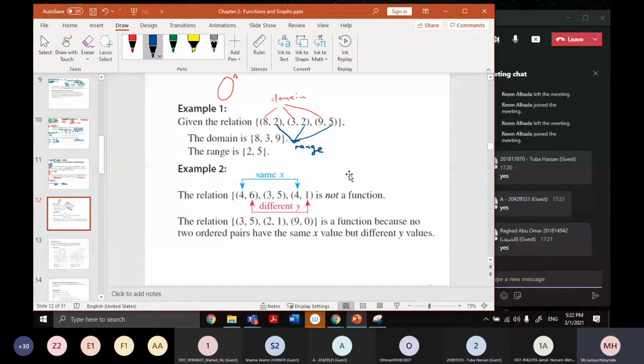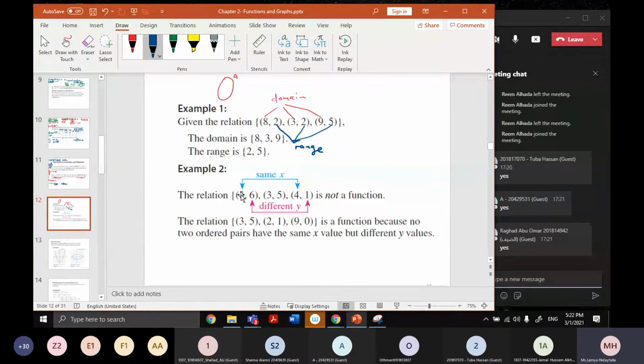Okay, clear? Now the second example: 4 and 6, 3 and 5, 4 and 1. What are the elements in the domain? 4, 3, 4, meaning 4 and 3. What is the range? The range is 6, 5, and 1. Is this a function? No. Why?